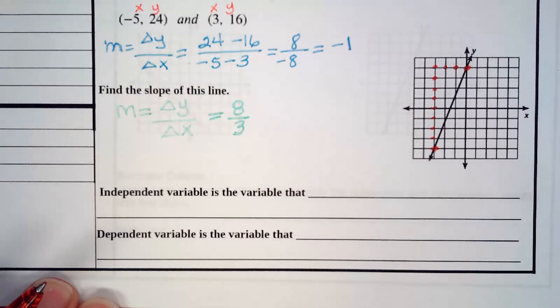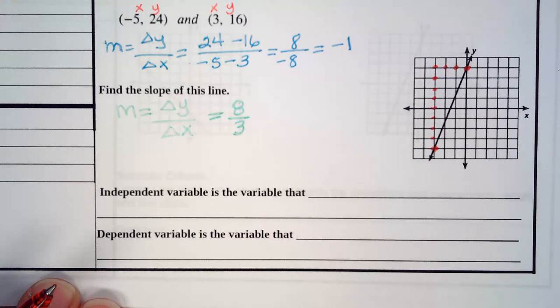So we need to know what the difference between an independent and a dependent variable is. Think of the word independent. As teenagers, you want to be independent. That means you want to be able to be on your own, make up your mind what to do, and all that good stuff.